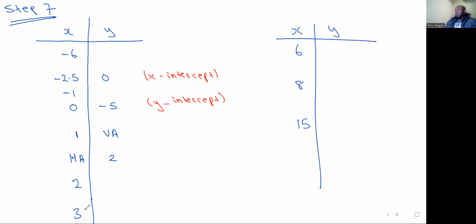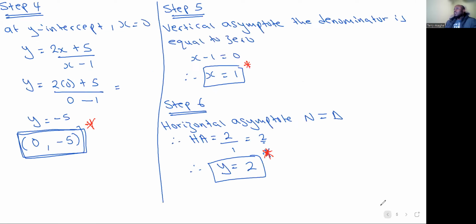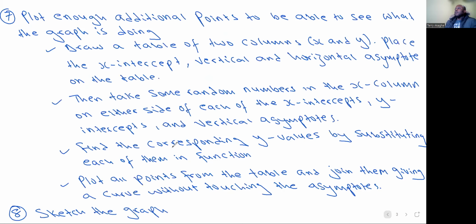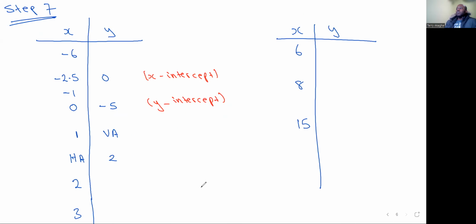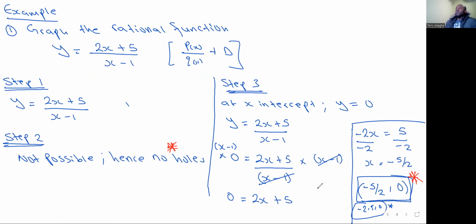Now, what do you do next? The next thing is that after, you have to find the corresponding y values by substituting it into the function. So let's substitute it into the function. So we already know the function is y is equal to 2x plus 5 divided by x minus 1.